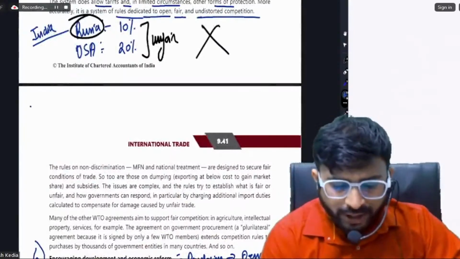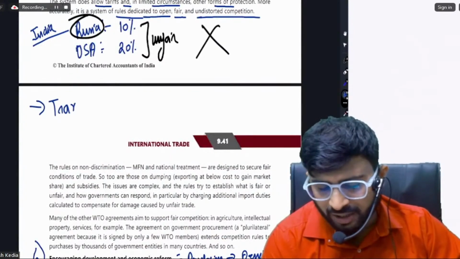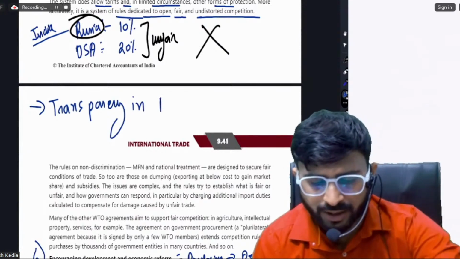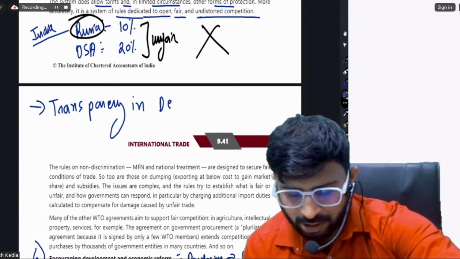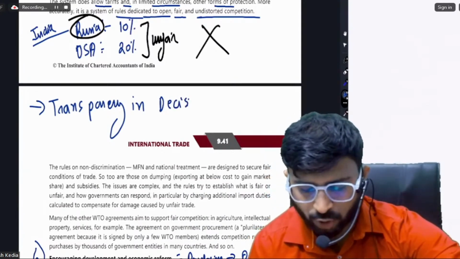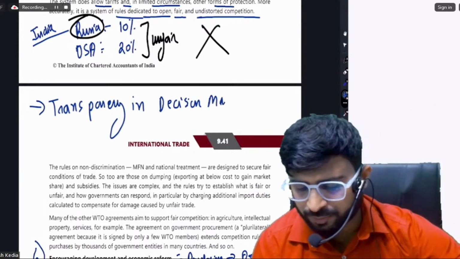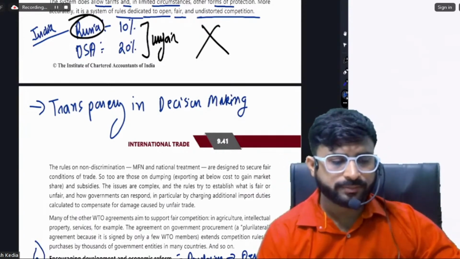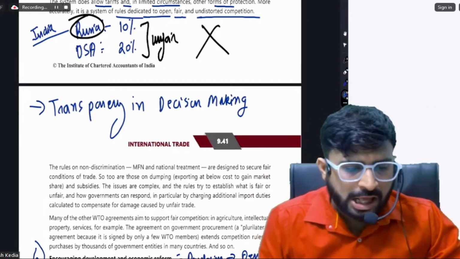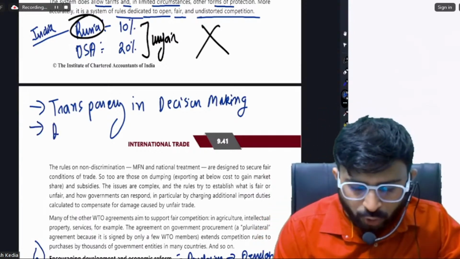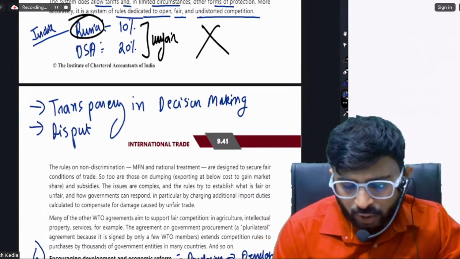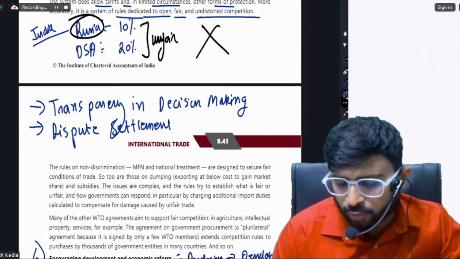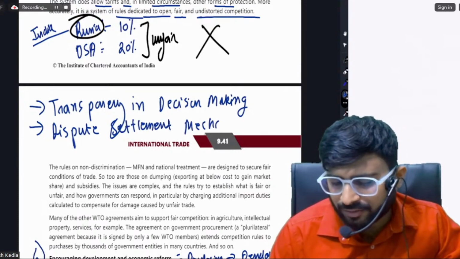Also remember, there should be transparency in decision making. Write it down, under guiding principles only. There should be a dispute settlement mechanism.